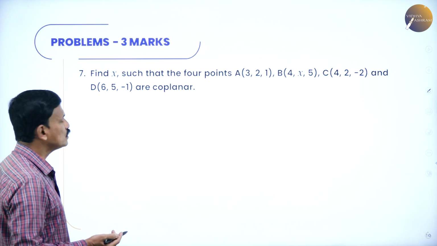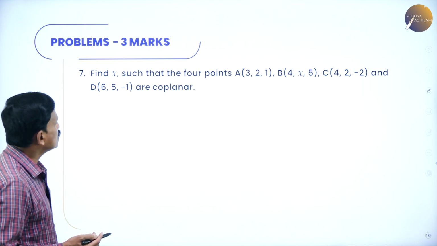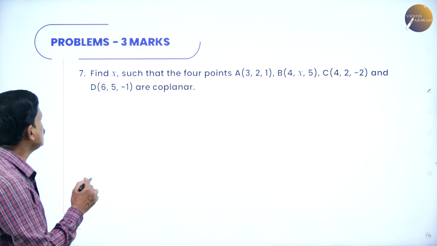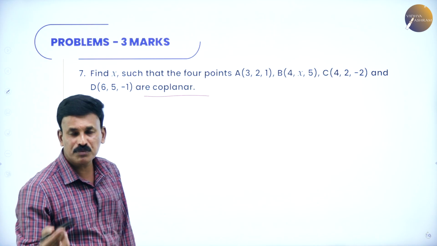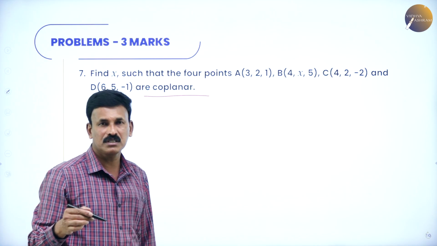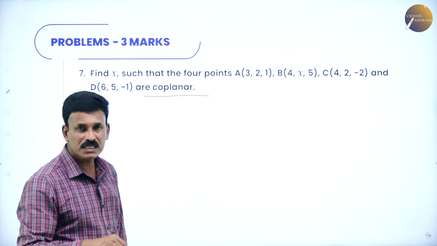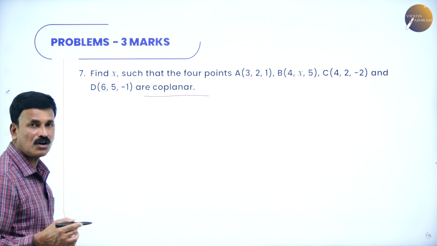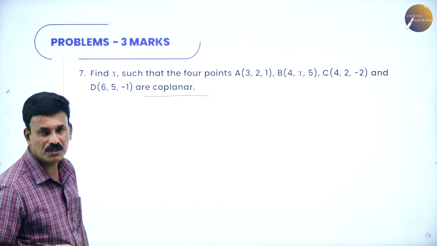What is the next problem? This is also a very important problem. Find X such that the 4 points A, B, C, D are coplanar. You are going to study the same type of problem in 3D geometry, whereas in vectors, let me see how we are going to solve. What are the points given? A, B, C, D are given, the 4 points.